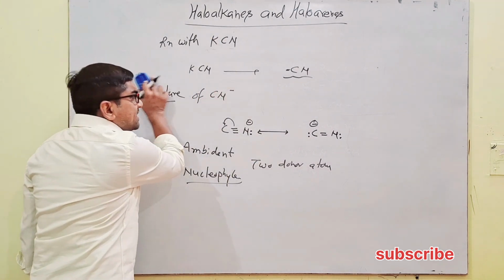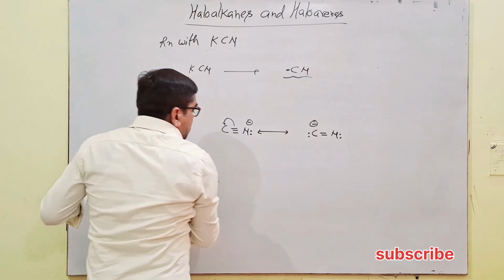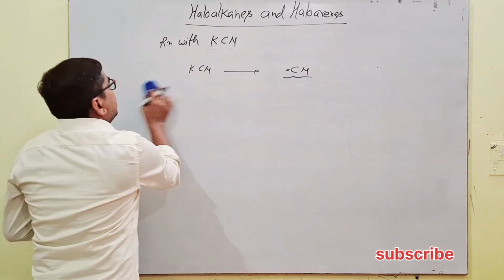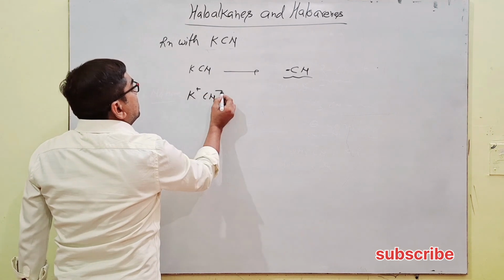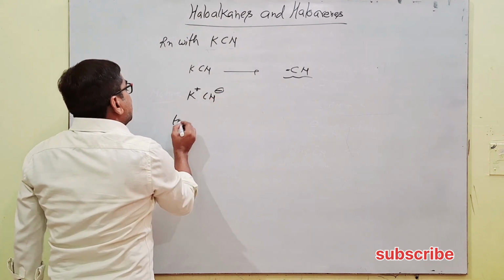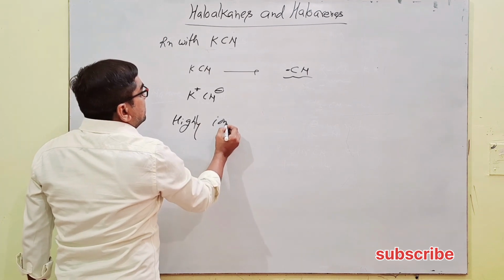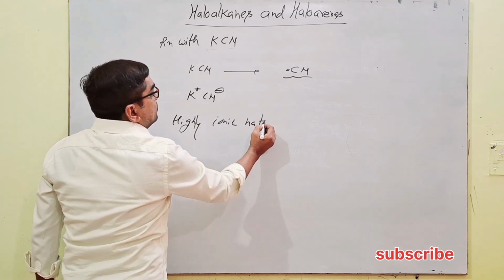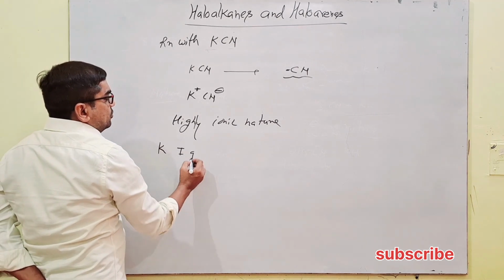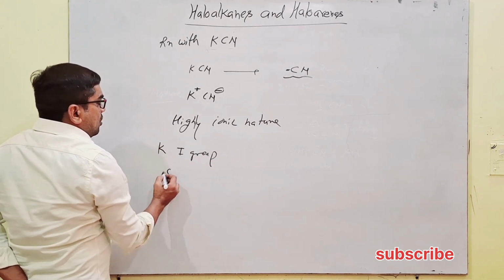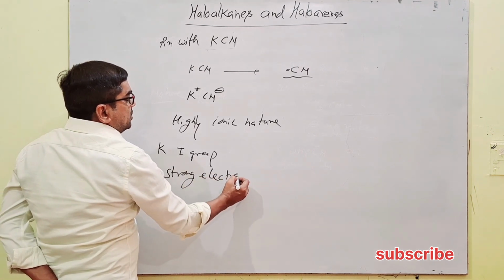Here in the cyanide case, carbon attaches with the alkyl. Why? Because potassium cyanide, KCN, is highly ionic in nature. ये ionic nature का होता है because potassium belongs to the first group, strongly electropositive in nature.